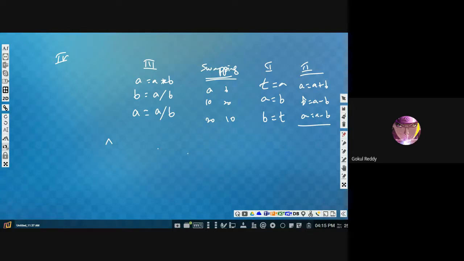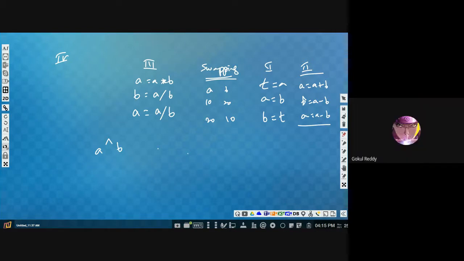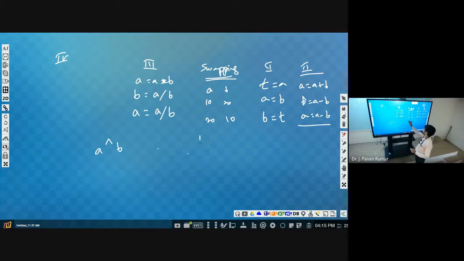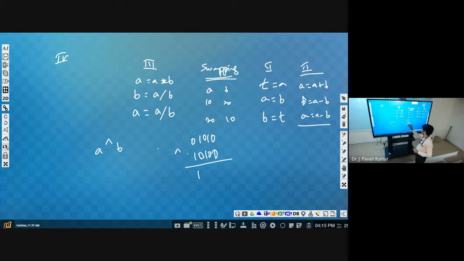Just take two values a and b, then you perform the XOR operation between a and b. Like a as 1 0 1 0 only, then b will be 1 0 1 0 0. Okay, this will be b. Now you perform the XOR operation, then what will we be getting? This is 1, this is 1, this is 1, this is 1, this is 0.